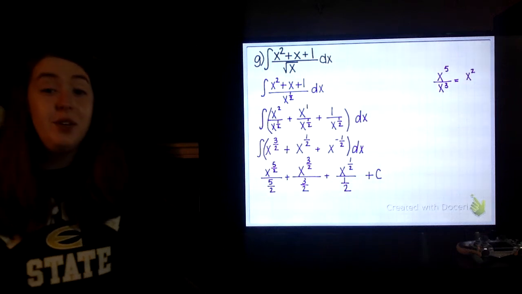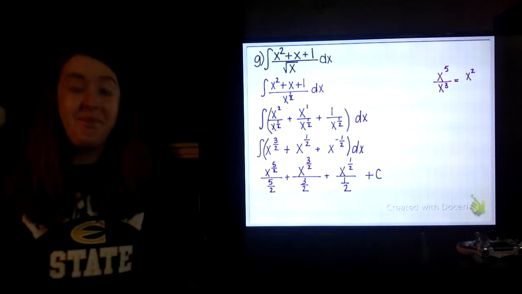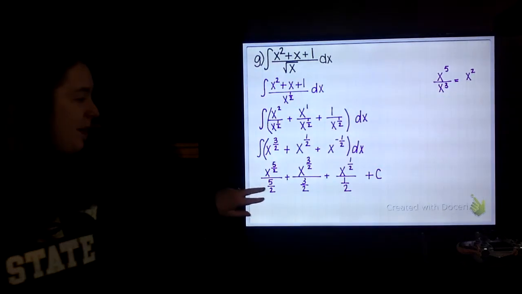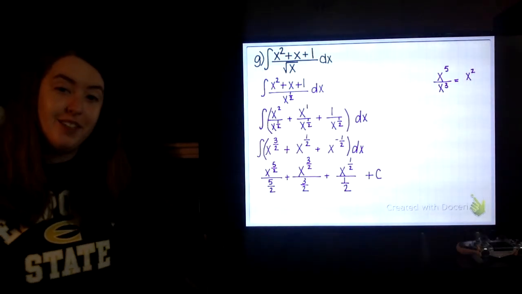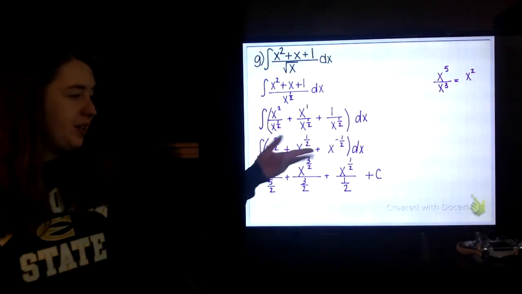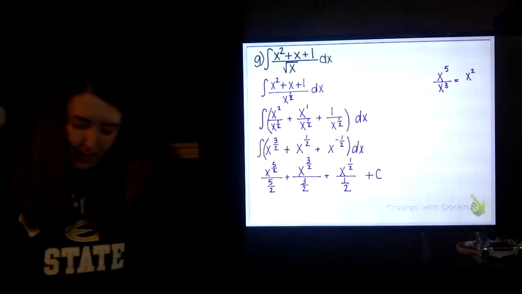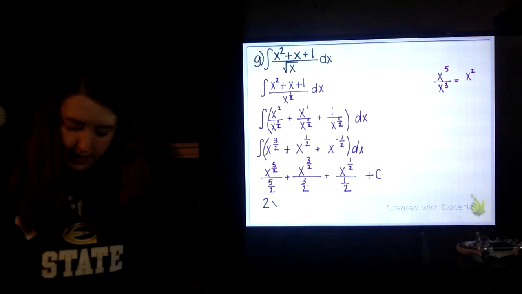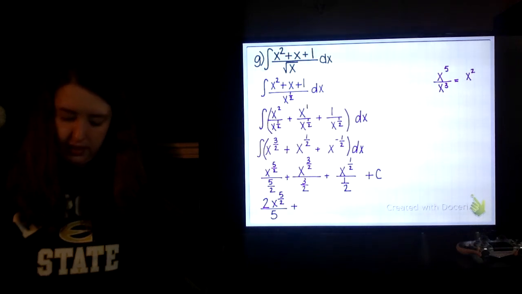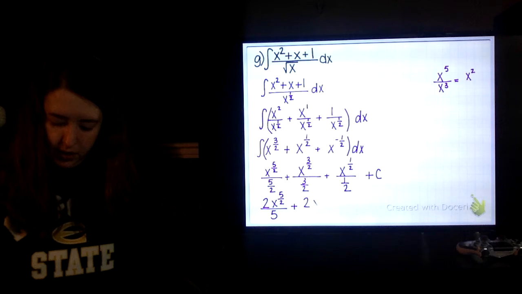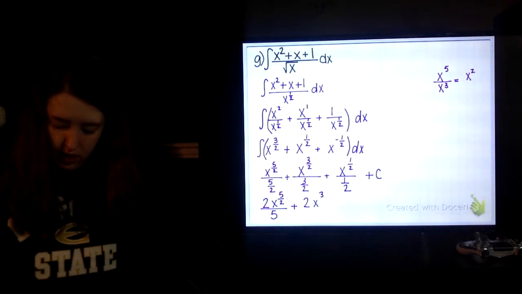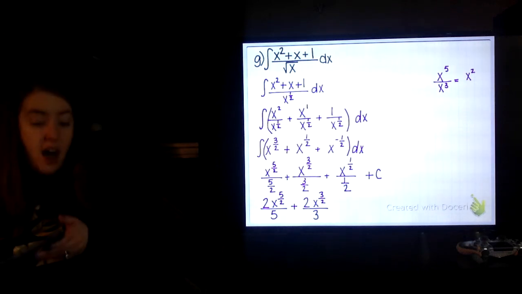So you could leave it like that, but honestly, it breaks my heart. So remember, to divide by a fraction, I need to multiply by the reciprocal. So I'm going to be multiplying by the reciprocal on each of these. So I'm going to end up with 2x to the 5/2 over 5 plus 2x to the 3/2 over 3. Ow!